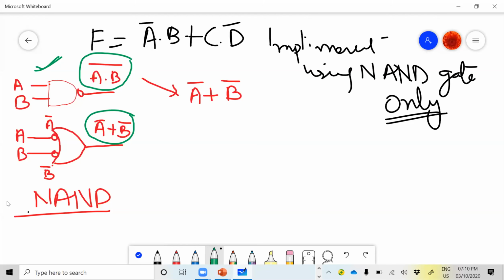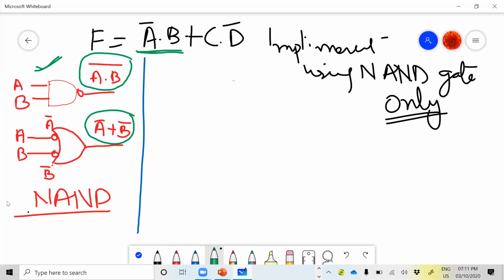Now coming to the business, how can we do this? Removing this one and leaving this representation for your reference on the left side, I will now implement the original function, f equals b plus c dot d complement. Everyone, look first at this term: is it a product term or a sum term?